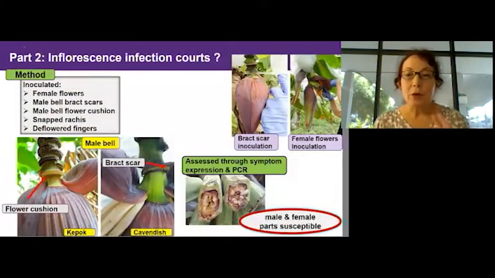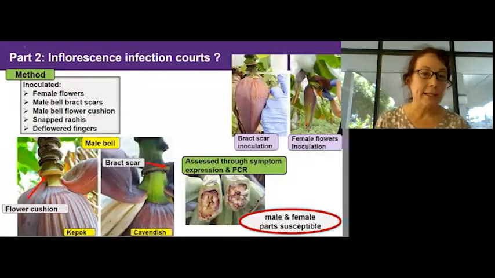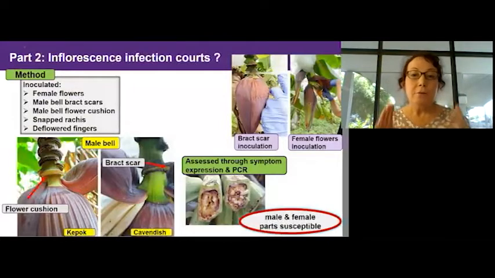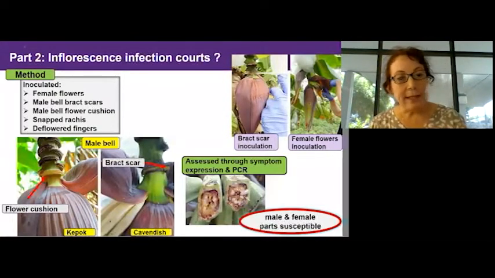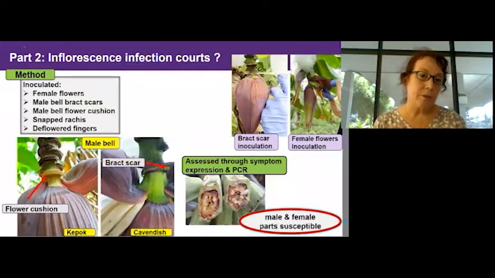Now, in this experiment, we wanted to know which parts of the banana inflorescence are susceptible to infection by blood disease. So I inoculated freshly revealed plant parts of female flowers, male bract scars, male flower cushions, snapped rachis, and the deflowered fingers. And then I assessed these over time, and I looked for symptom development.